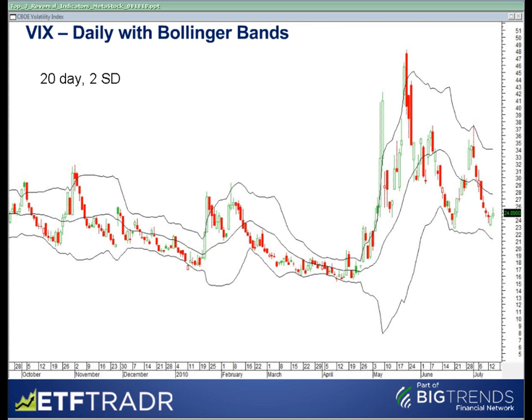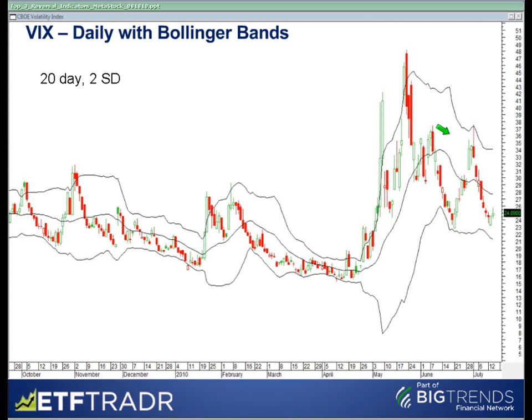Now this is an updated VIX chart from today. You can see here that most recently, I'd say since the beginning of June, we've never gone outside of an upper or lower Bollinger Band. That is the key that I want to point out to you tonight.